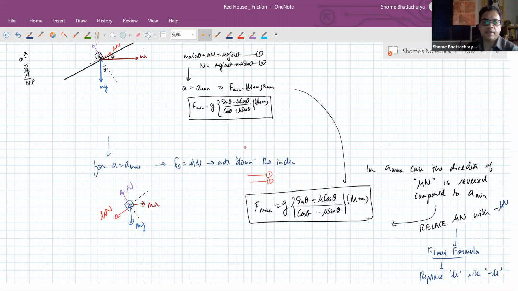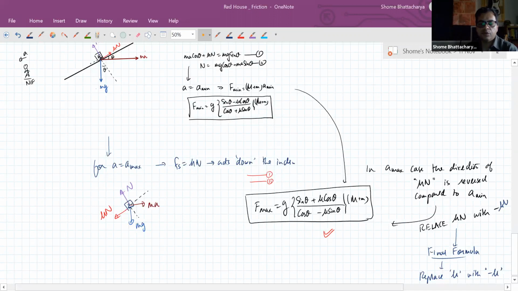So in the minimum equation, just replace mu with minus mu, and you'll get the maximum equation. That is the shortcut trick you can use: once you have found the limiting condition in one direction, you can easily generate the limiting condition in the other direction.